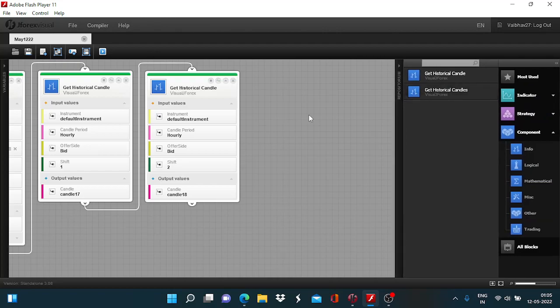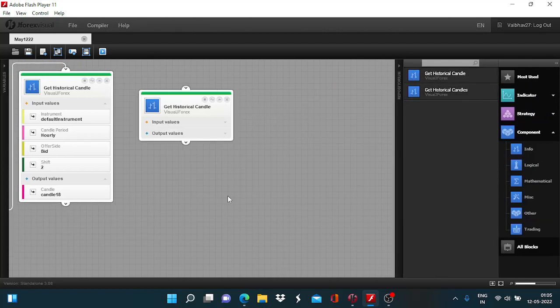Then to pinpoint the exact entry point, we will take the help of 10-second candle blocks.